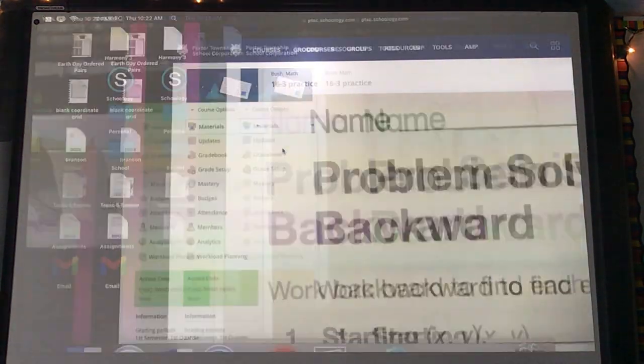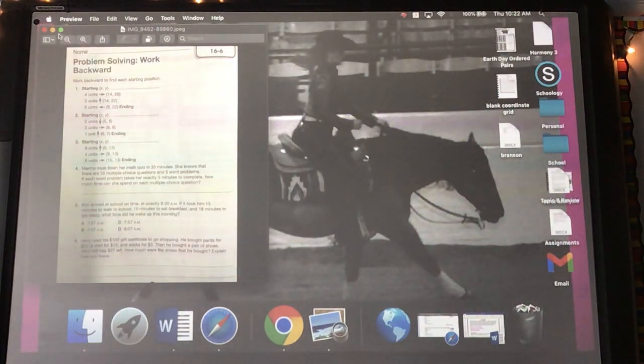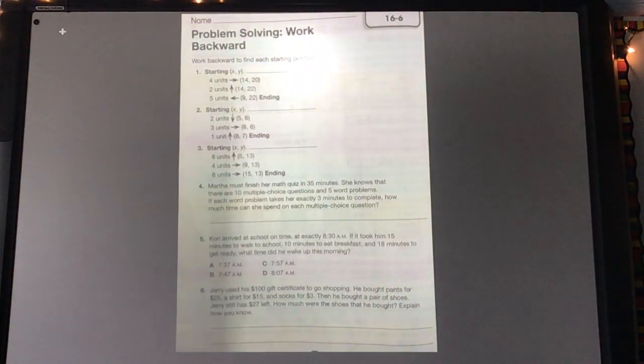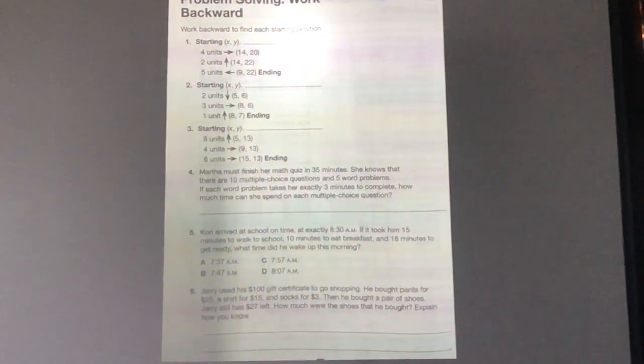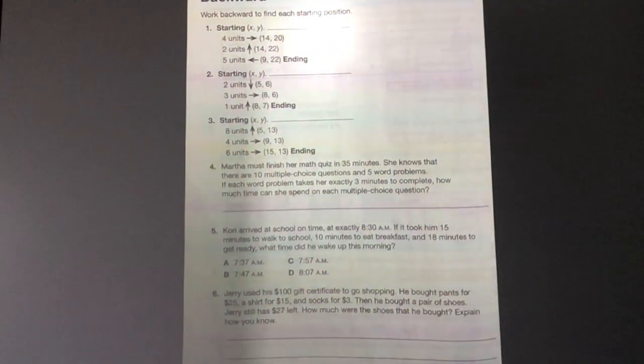Now, I'm not adding any new skills here, but what I am adding is I was only giving you one direction, correct? I'm going to give you multiple directions, but we're going to go backwards now. They tell you where they end up, they want to know where you started. So we're going backwards with multiple directions.